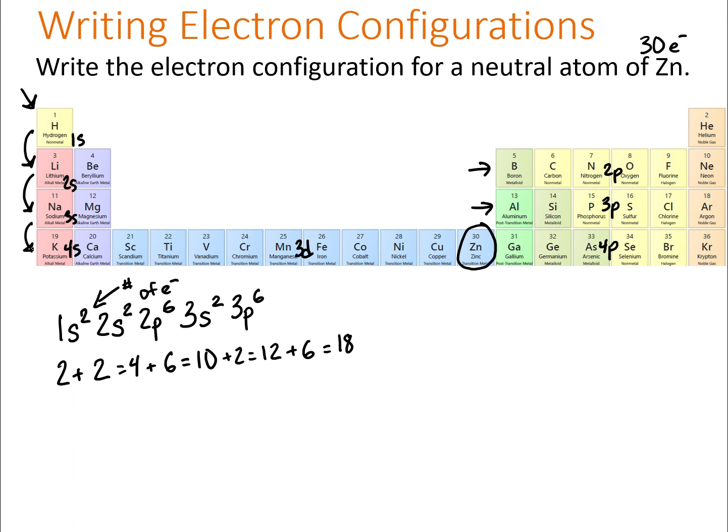N equals 4. This is the row that zinc lives in, so we'll slow down and be a little bit more careful. We know the 4s is full, so that's another 2. Now we come to the D block, and that's where zinc is, so we count.